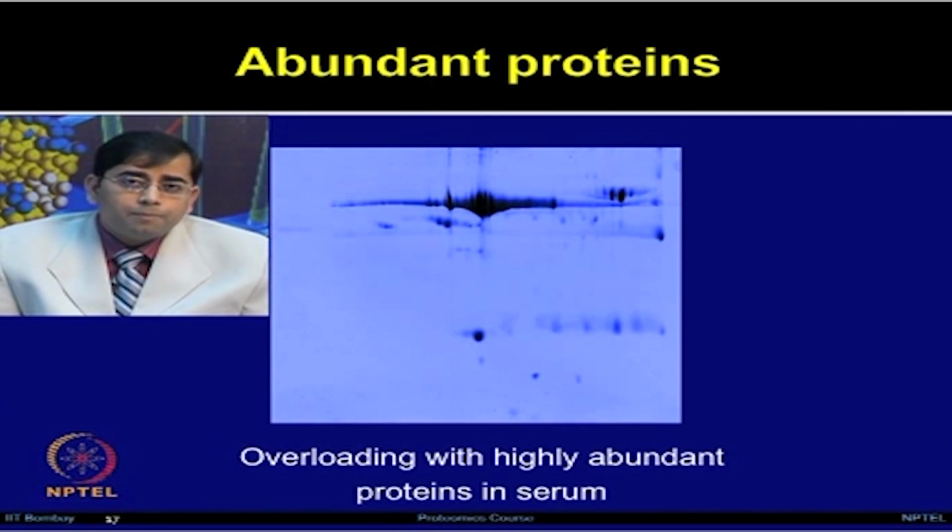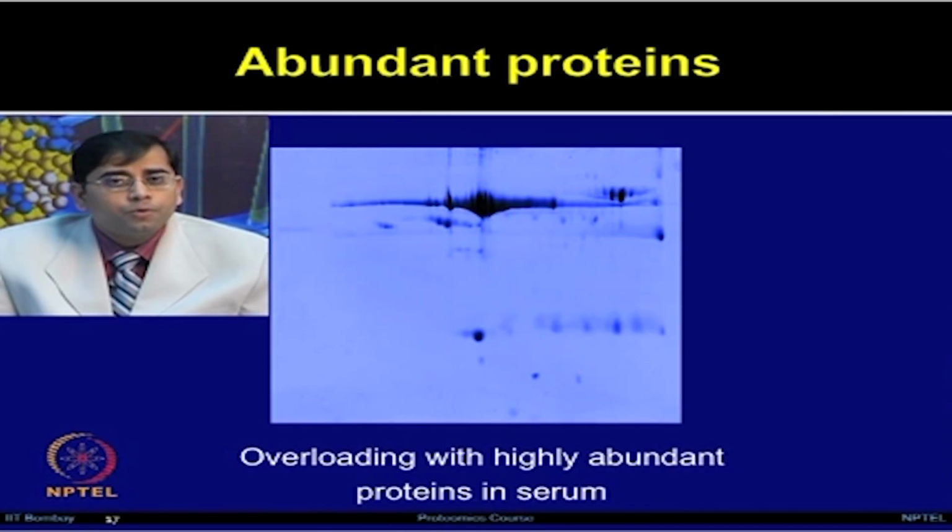In plants, one can expect rubisco as a very large protein present in the leaves. These abundant proteins mask many smaller proteins and create problems in two dimensional electrophoresis, because of the IEF process, as well as when you stain the gel, you can see different types of streaking, and the whole region is masked because of the abundance of that protein.